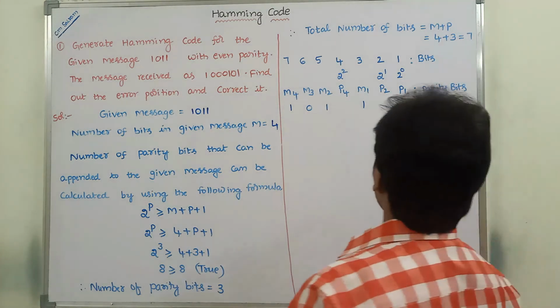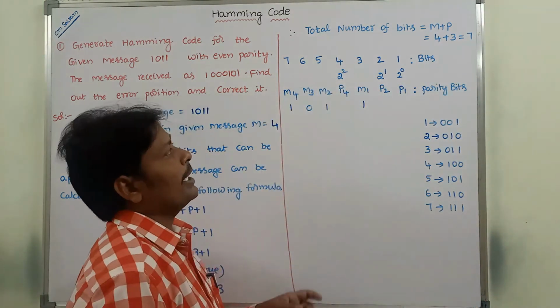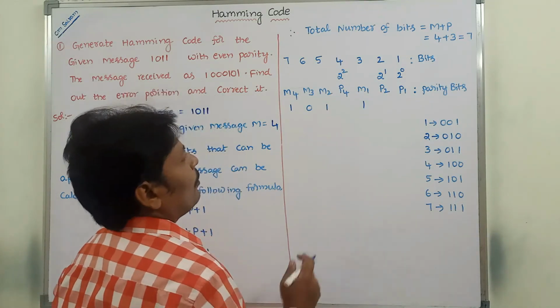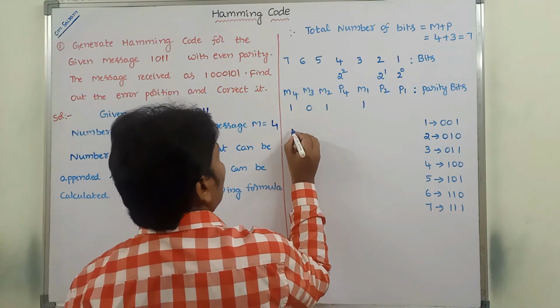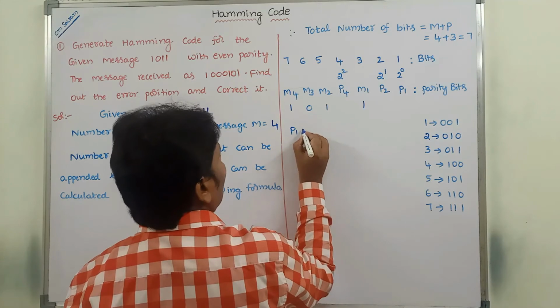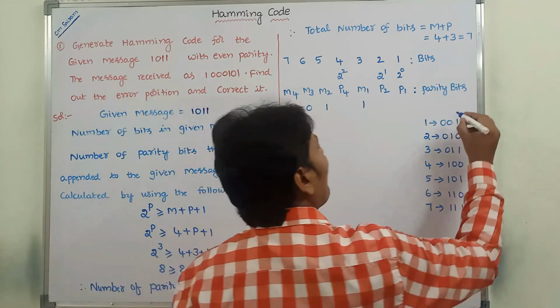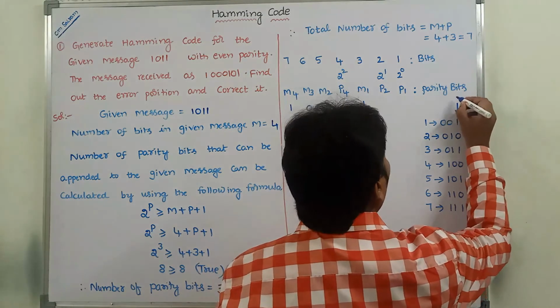Once we have written the 3-bit binary form of each position, now we have to calculate first P1. For calculating the P1 value, we have to consider the last column.